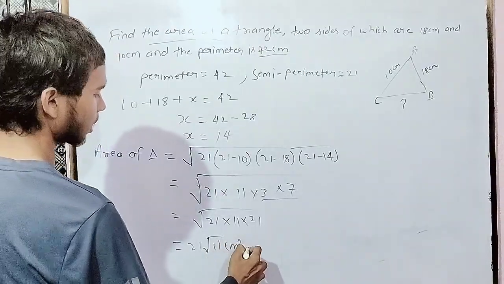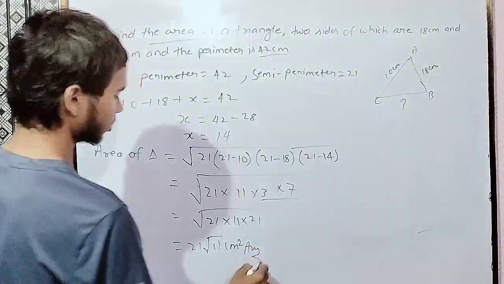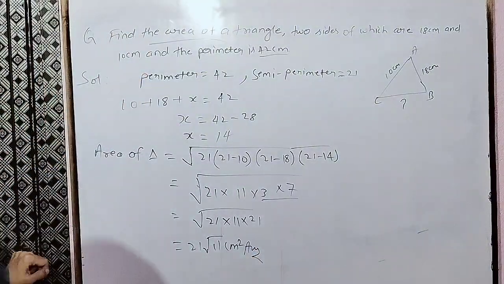This is the area of this triangle, 21 root 11 under the root. That's how you will solve.